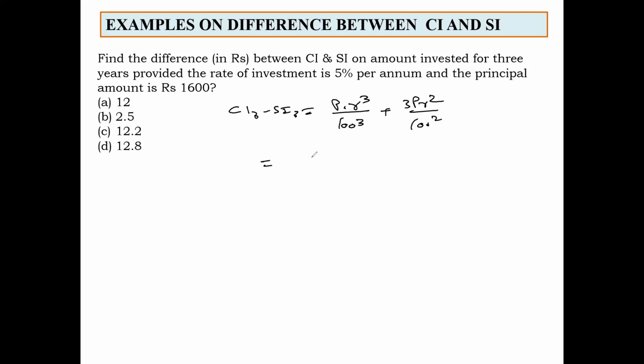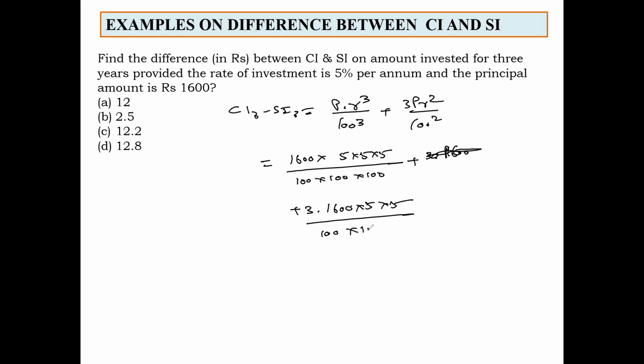This becomes P, principal 1600, into R, 5 into 5 into 5 upon 100 into 100 into 100, plus 3 into P into R squared, 5 into 5 upon 100 into 100. The zeros cancel. 5 20s are 100, 5 20s are 100, 5 4s are 20.